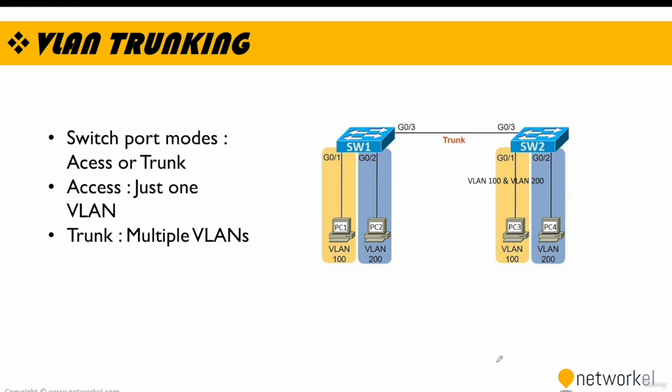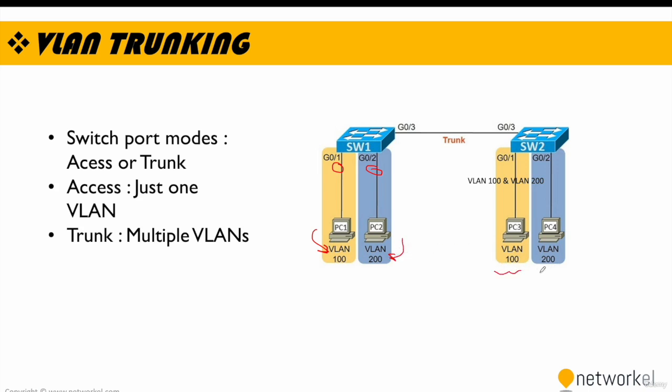So for example, let's have a look at my screen again. As I told you, an access port can carry just one VLAN. On the other hand, a trunk can carry multiple VLANs. Okay, so here I have my Gigabit Ethernet 0/1 port and Gigabit Ethernet 0/2 port, and one is assigned to VLAN 100, and the other one is assigned to VLAN 200.